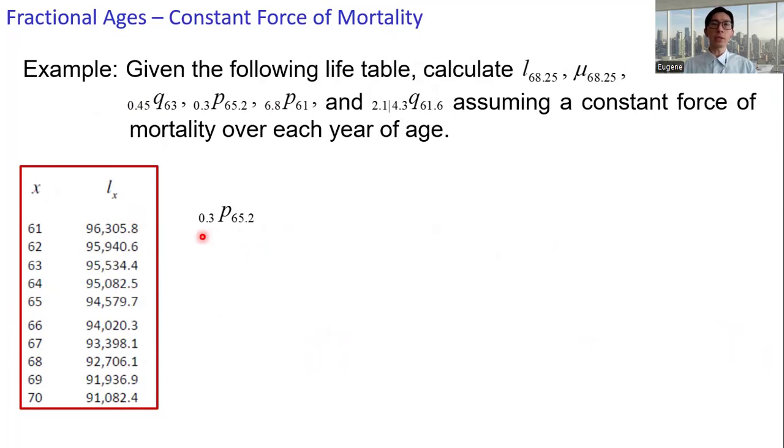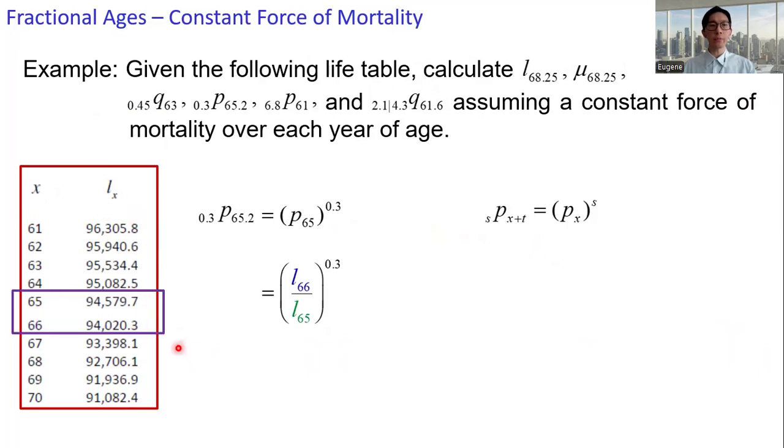The force of mortality is constant, and this can be expressed as p_65 raised to the power 0.3. Get p_65 from l_66 and l_65, and we get a result.